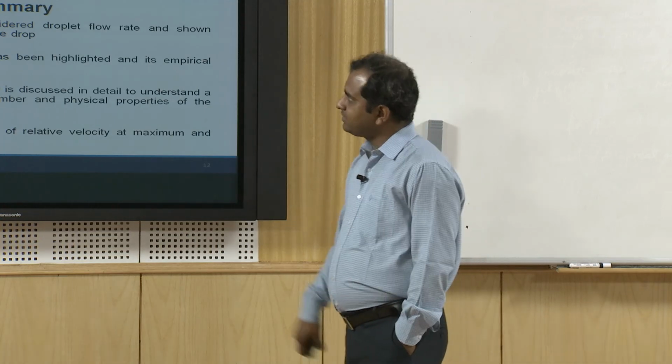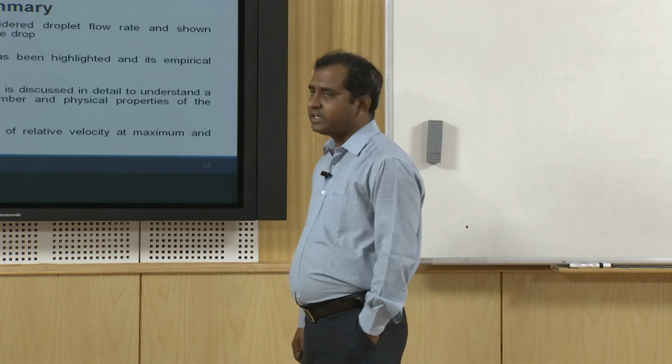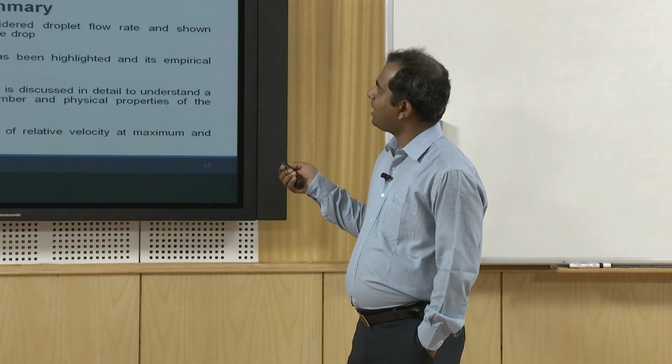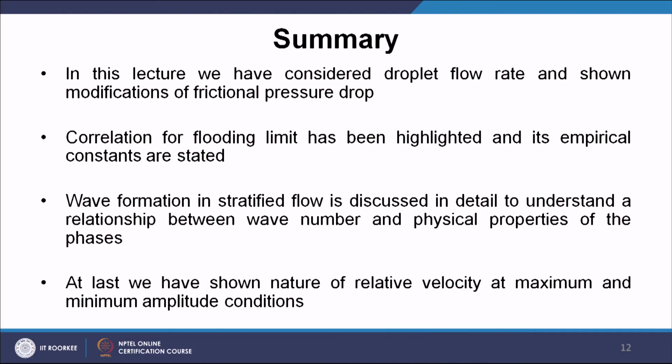Let us summarize this lecture. In this lecture we have considered droplet flow rate and shown the modifications of the frictional pressure drop. We have correlated flooding limit and highlighted its empirical constants, and we have also shown you how empirical constants can be found out. We have found out the wave formation in stratified flow and discussed what are the wave number value relationships and physical properties involved in that.